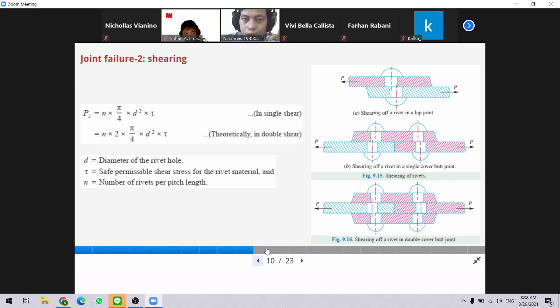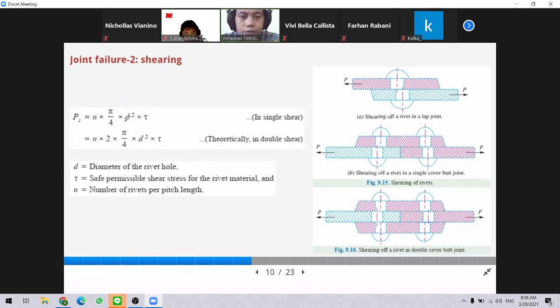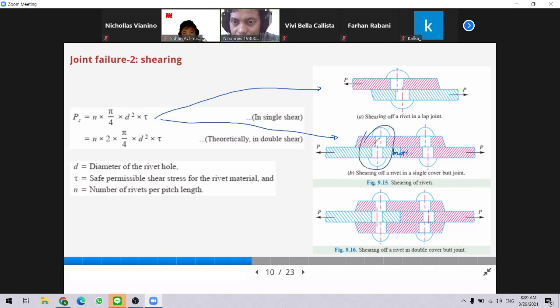So the point is that this first formula depends on the number of rivets, and the number of rivets depends on the type of joint. For this butt joint, we cannot use a single rivet, because if we use only this rivet, then this plate will go away when we apply the load.